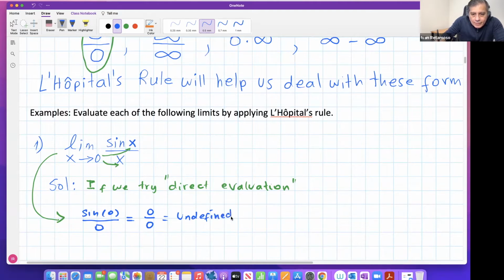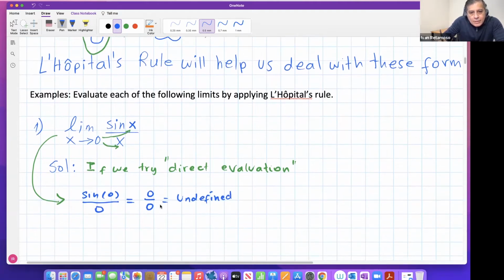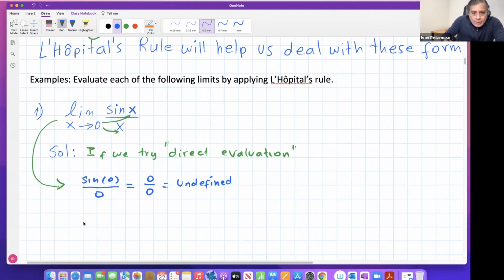So whenever you encounter this, trying to compute limits, don't panic. Just remember L'Hopital's rule. L'Hopital's rule says, right? If we are dealing with the limit of the quotient of two functions, such as sine and the identity function x, right?